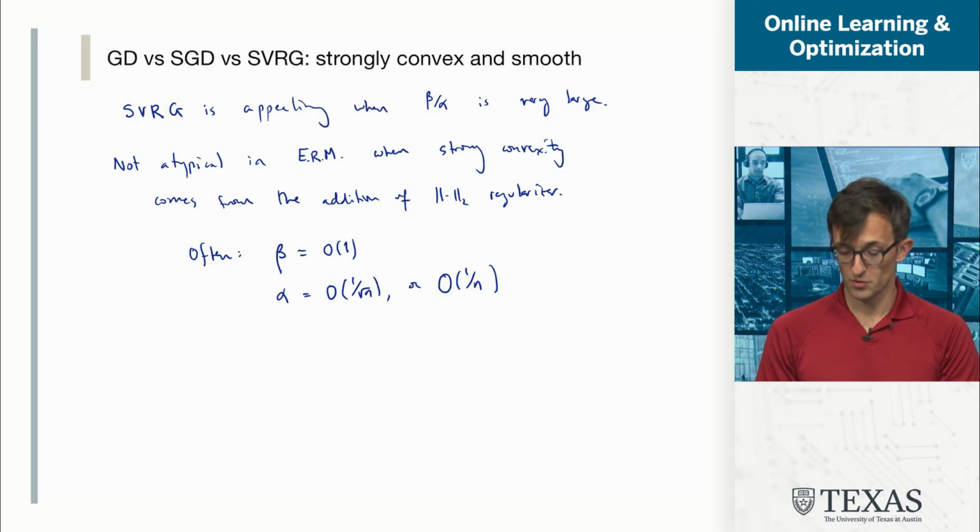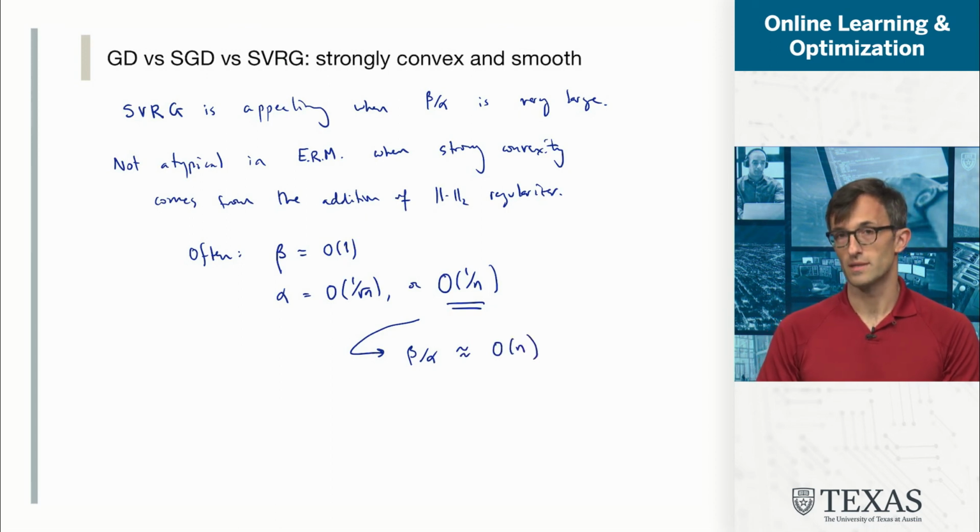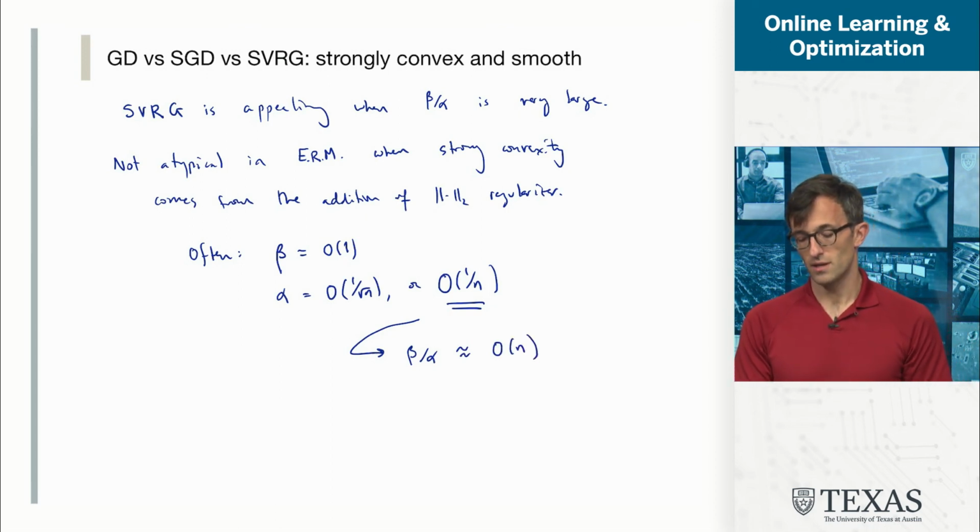So if alpha is equal to 1 over n, and beta is also a constant, it's not growing, then beta over alpha is going to be something like order of n. So you can see that SVRG gives you a significant advantage by having the number of gradient computations for epsilon error scale like n plus n rather than n times n.